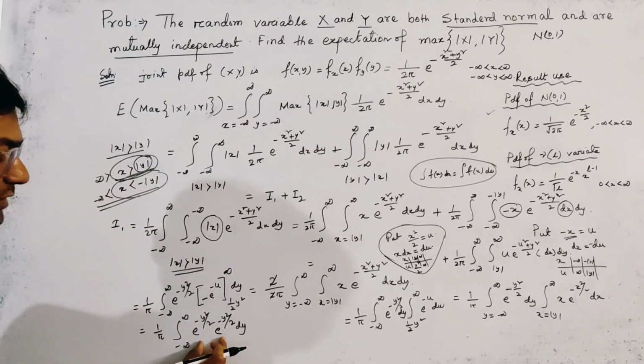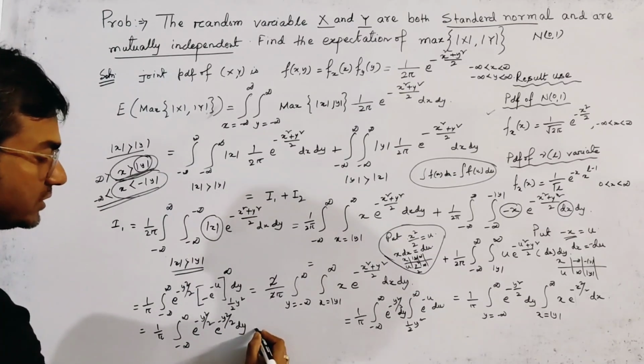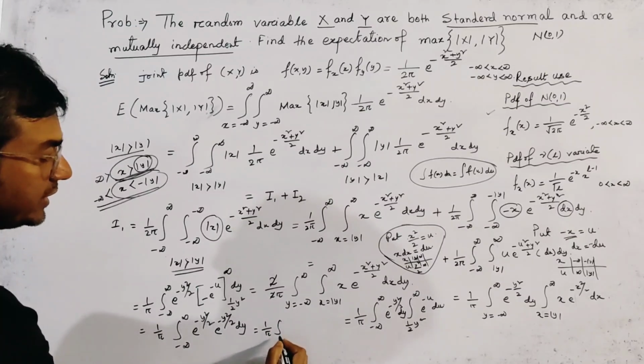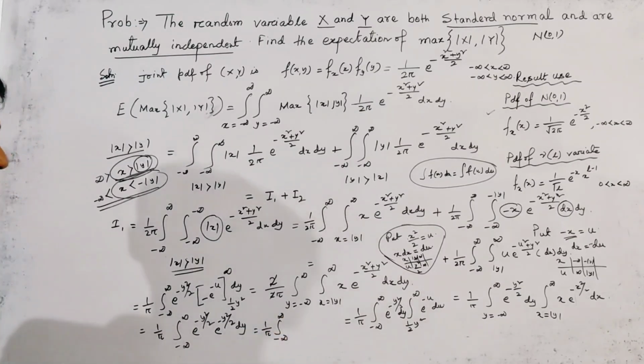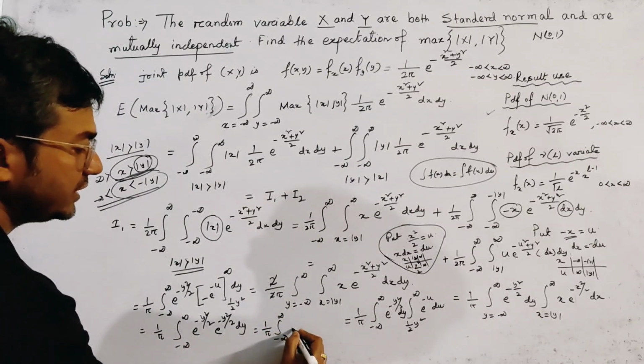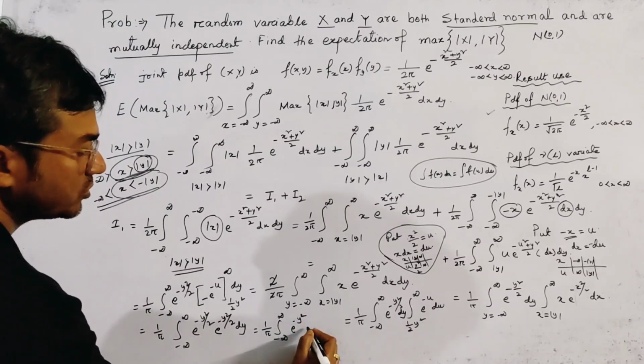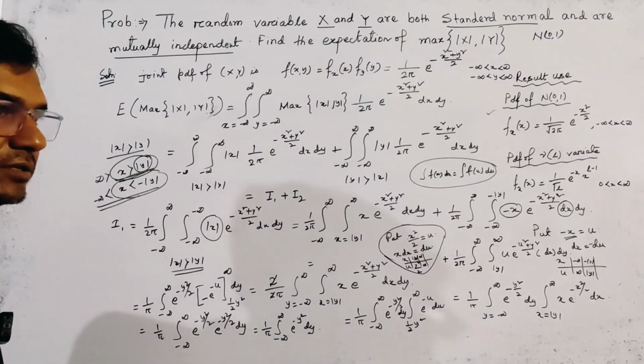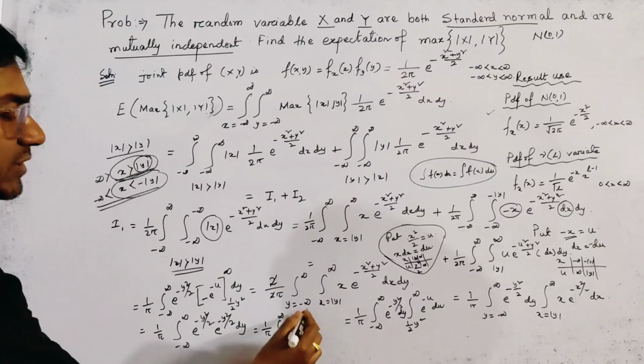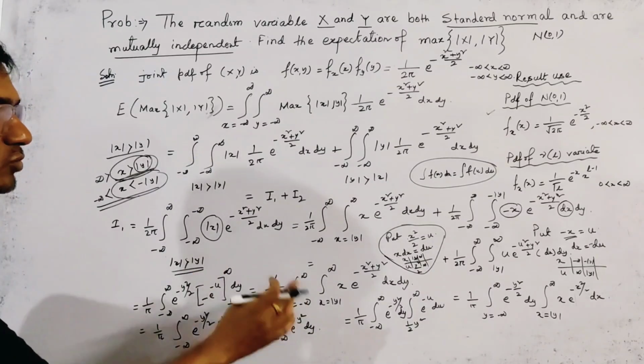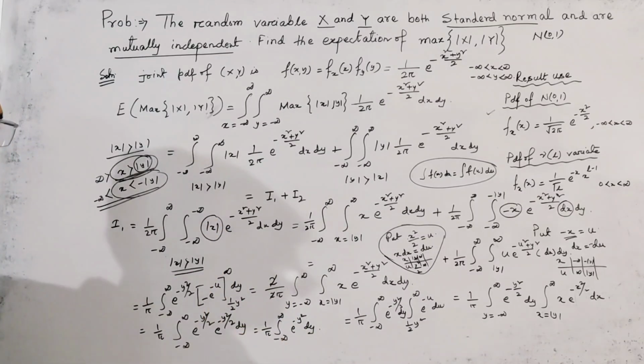And adding these two exponential functions, this is given by 1 by pi integration minus infinity to infinity e to the power minus y square dy. Now e to the power minus y square is an even function.